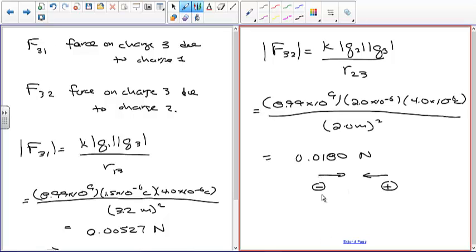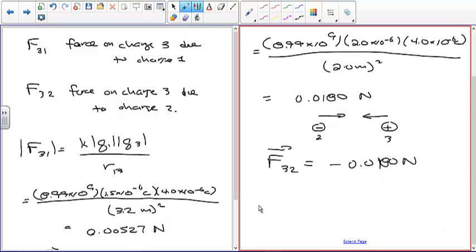This is object 2, this is object 3, so they're attracted to each other because they're opposite signs. So the vector of force on charge 3 due to charge 2 is going to be negative 0.0180 newtons.